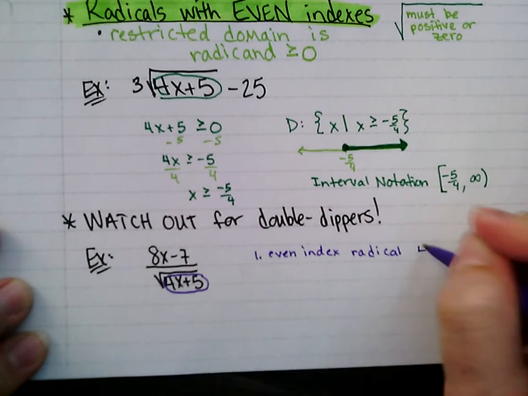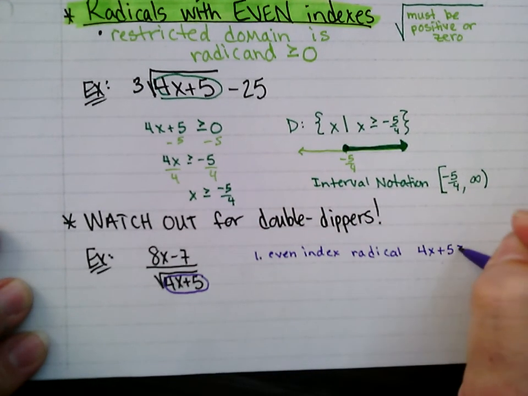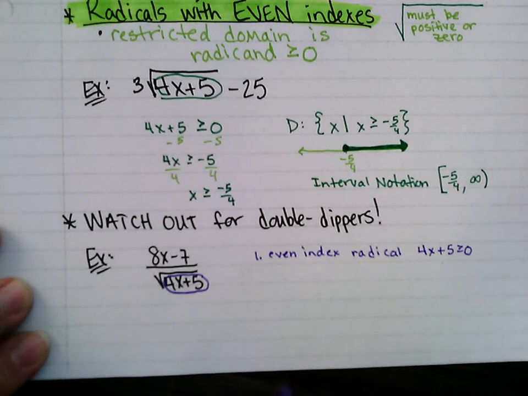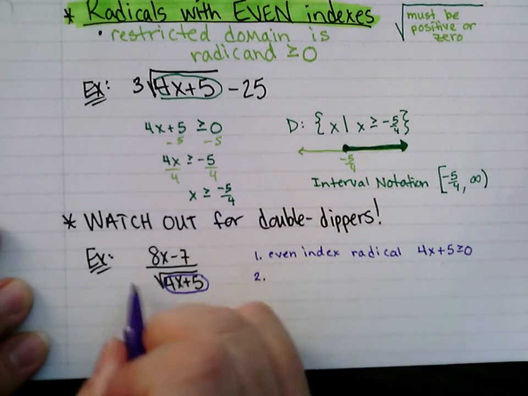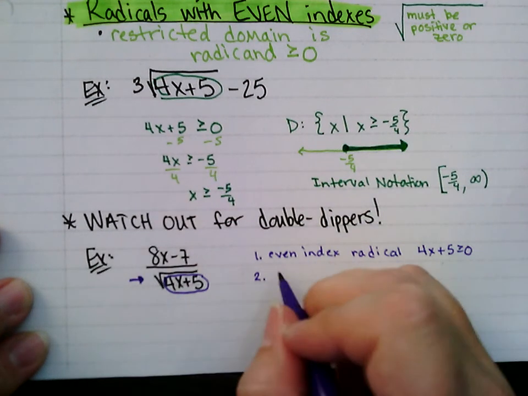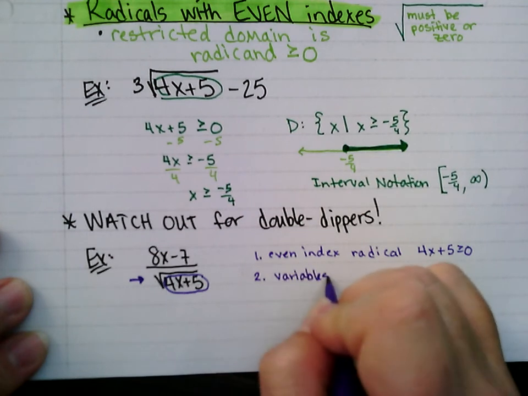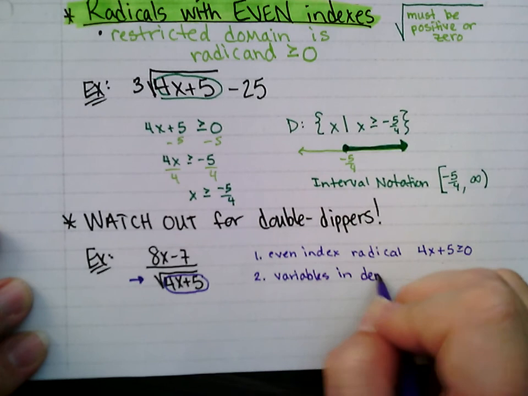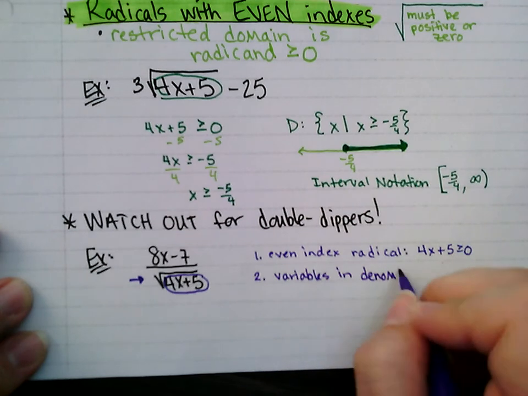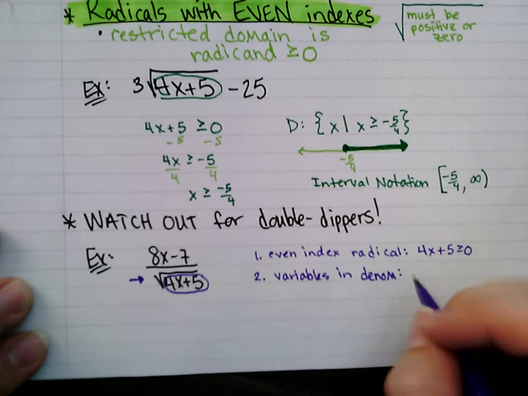I have to make sure that 4x plus 5 is greater than or equal to 0. And the second thing is that I have a denominator. I have variables in the denominator. So when that happens, I need to set the denominator not equal to 0.